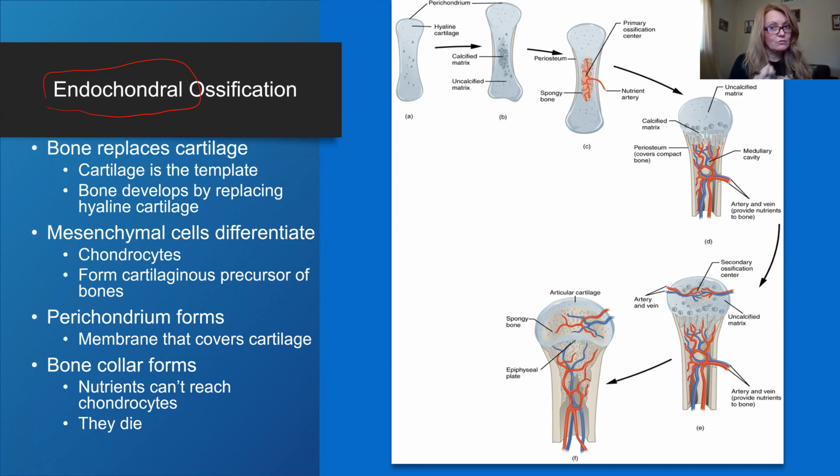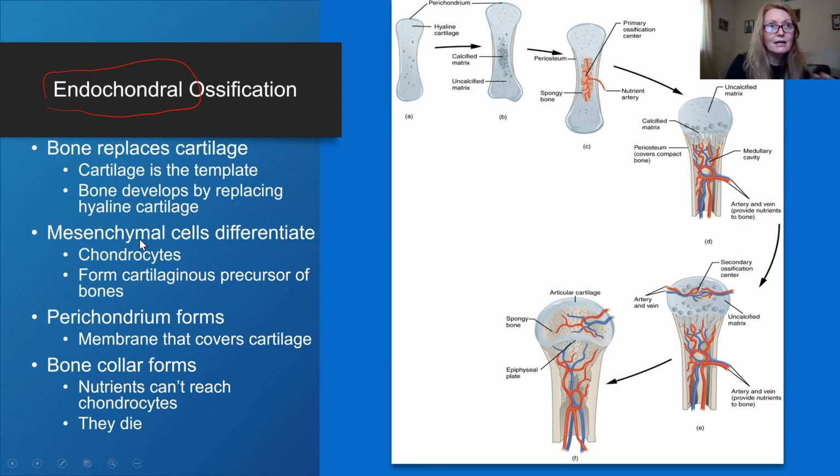We also have mesenchymal cells, but instead of making membrane, mesenchymal cells first differentiate into chondrocytes. And chondrocytes form the cartilaginous precursor of all the bones. Let's say it's your femur, right? Your future femur. So instead of forming a bone of femur, you form a femur made of hyaline cartilage.